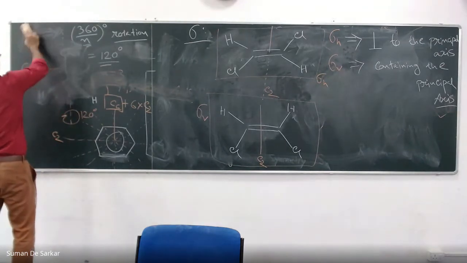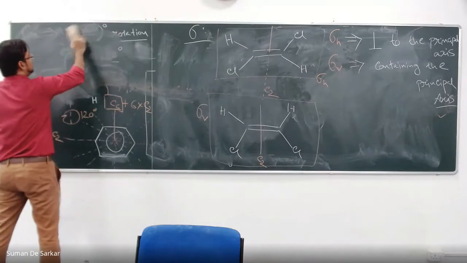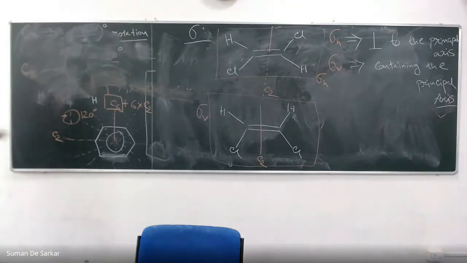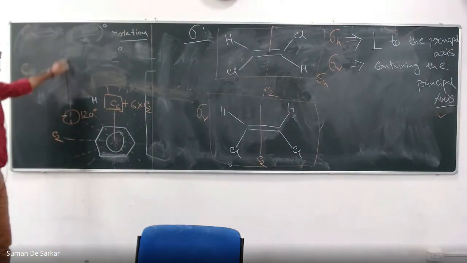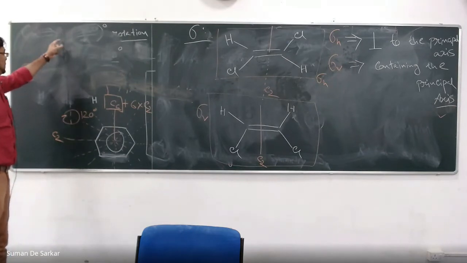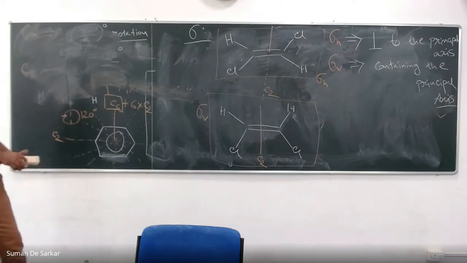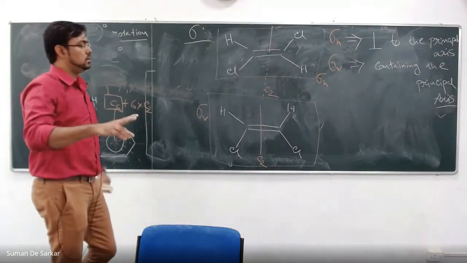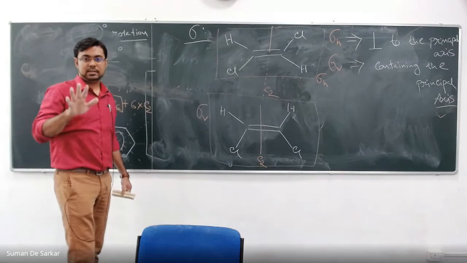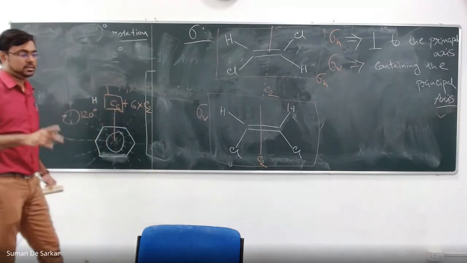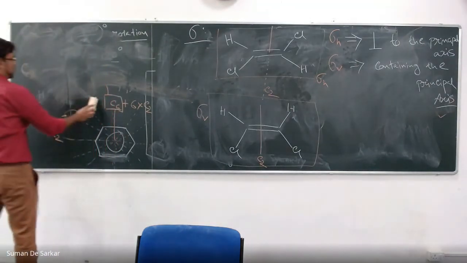I've just erased methyl chloride, but please note that in methyl chloride the C3 is here, and the sigma planes were also on the same line. So all three sigmas contain the principal axis. In methyl chloride, all three sigma planes are sigma v. There is no sigma h in methyl chloride.